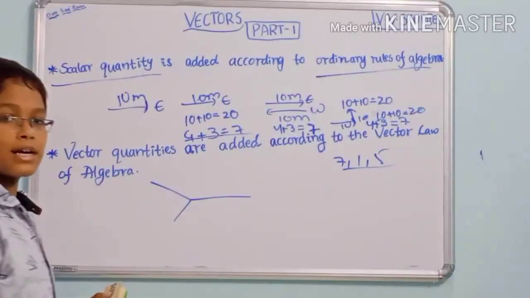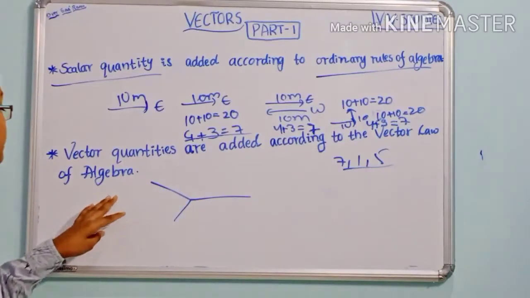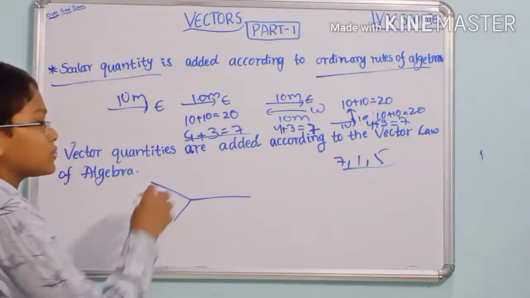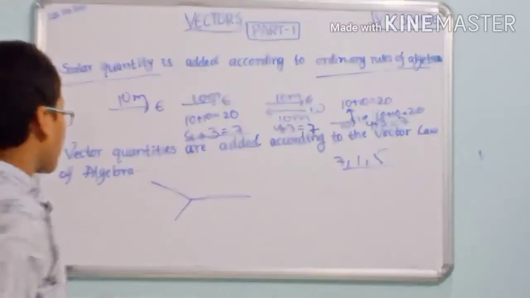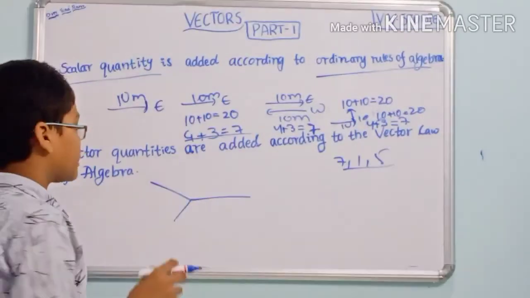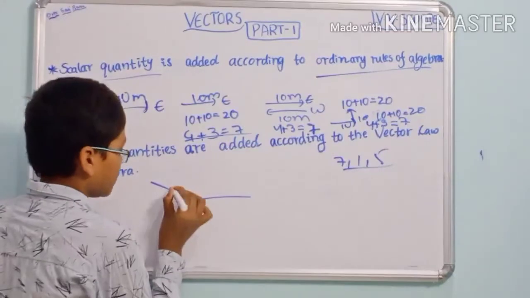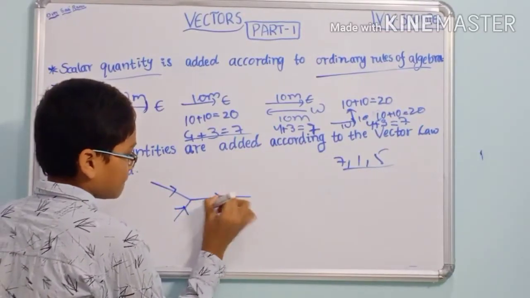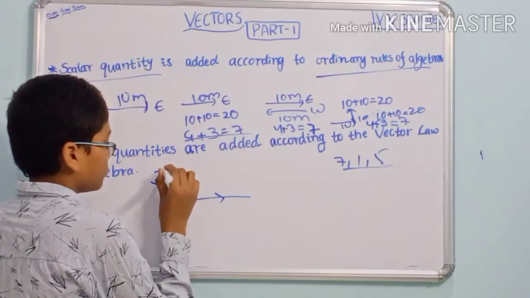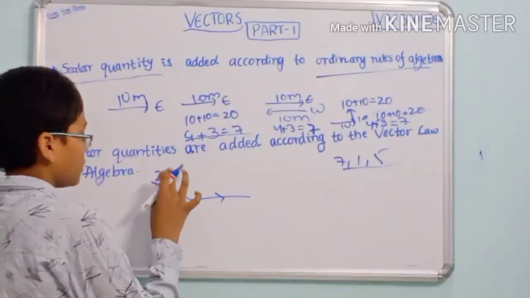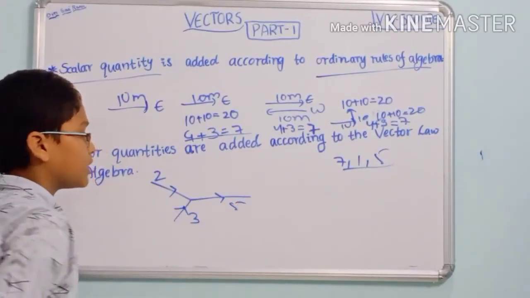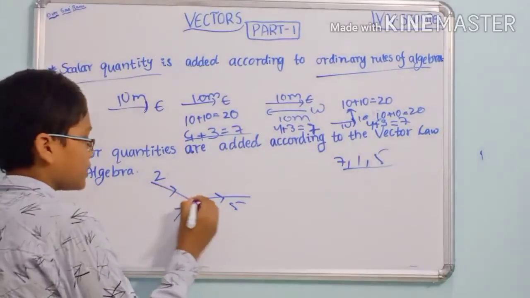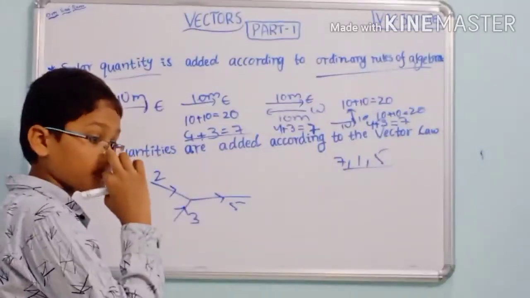Electric current we will take. Electric current depends on both direction and magnitude, but it does not follow the parallelogram law of addition, so it is not a vector. Okay, electric current I am taking: 2 here and 3 here. If we add, it will come 5.